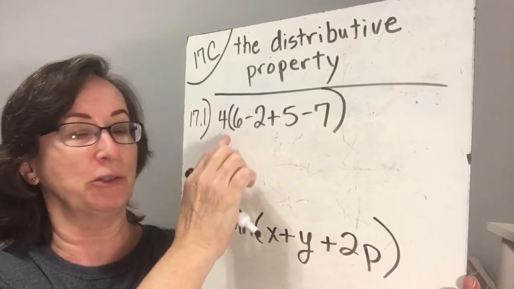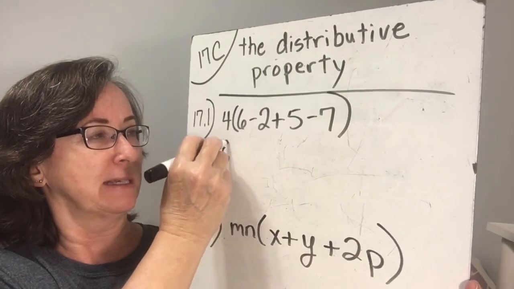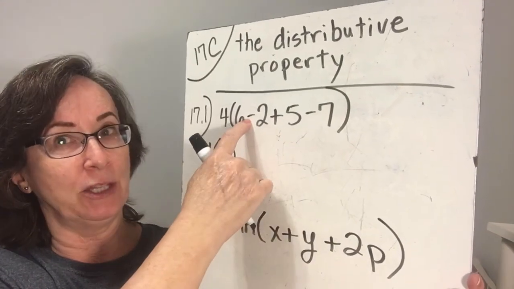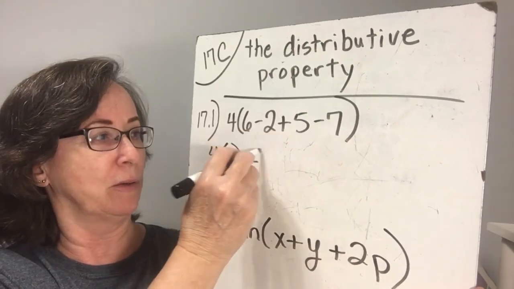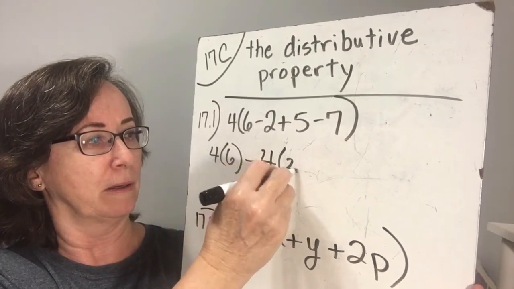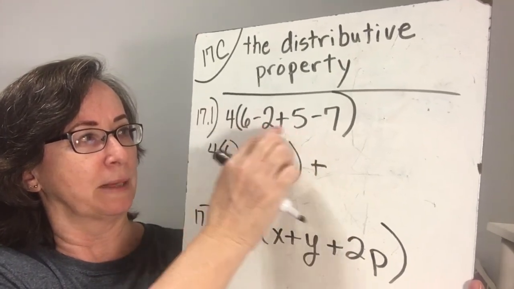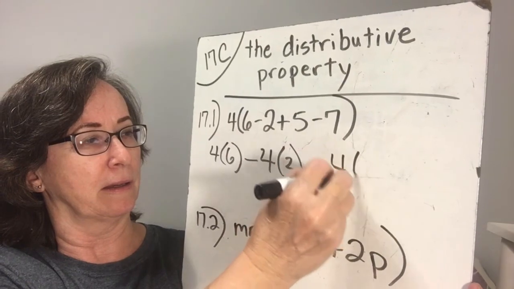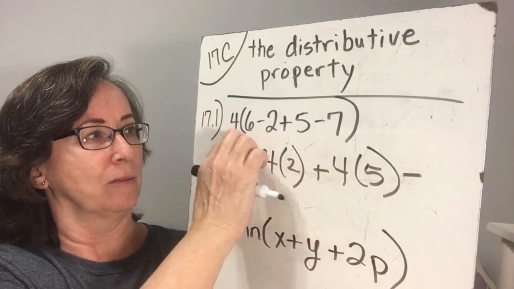So we're going to use the distributive property: 4 times 6. Now remember, I can use the minus in between, and then I don't keep it on the 2. Okay, plus 4 times 5 minus 4 times 7.